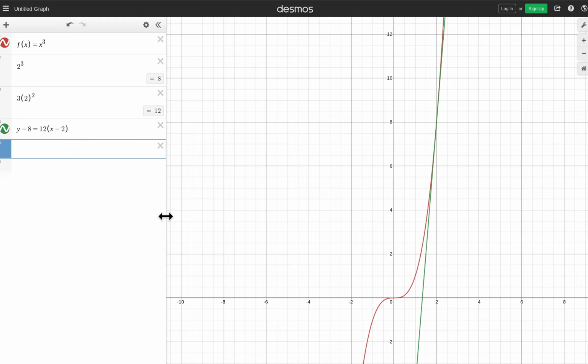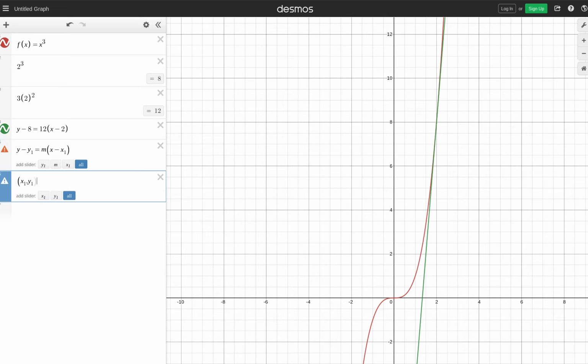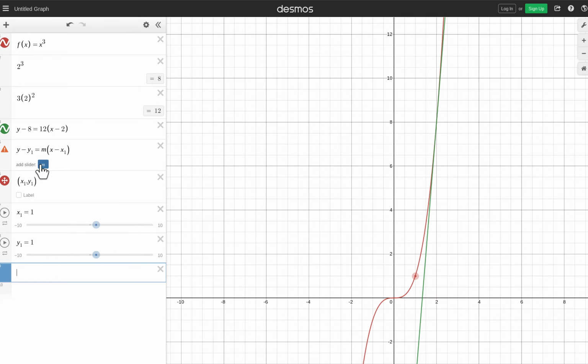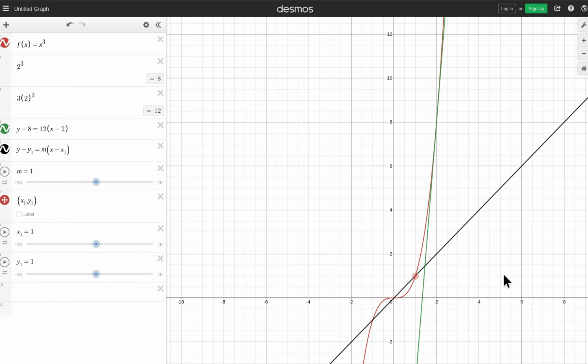Okay, if you don't know what point slope form is, it means y minus y1 equals m of x minus x1. If you're doing calculus, you should have heard of this already. This is just saying at x1, y1, and then you have a slope m. m is your slope. This just gives you the function of a line at that point.